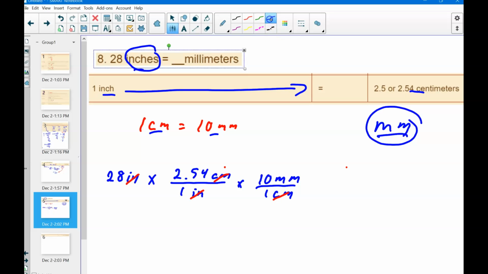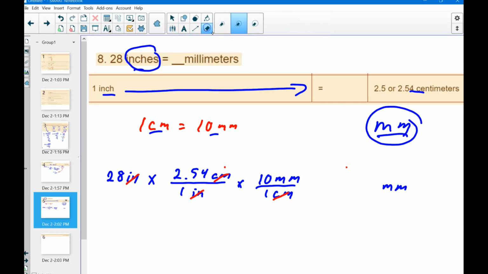And the units I'm left with happen to be millimeters. So, how do we make this number work now? How do we do the calculation?